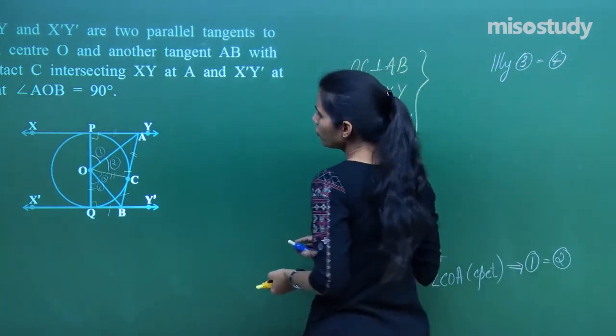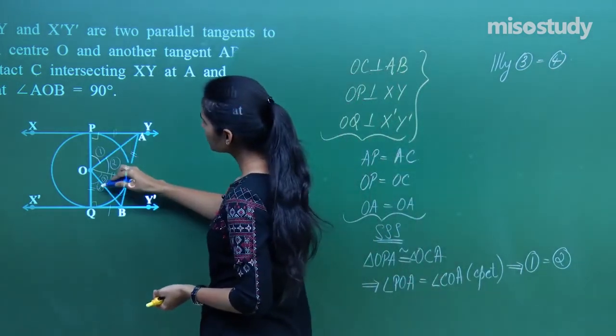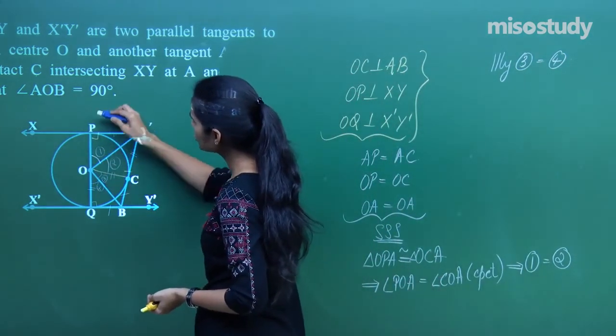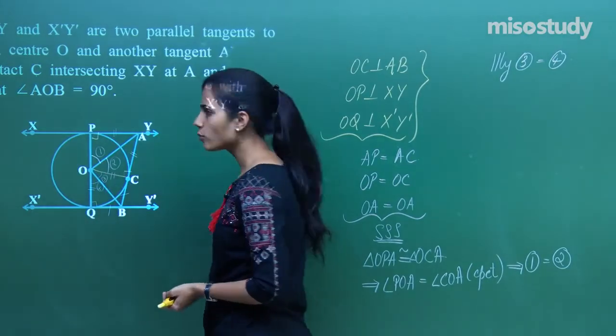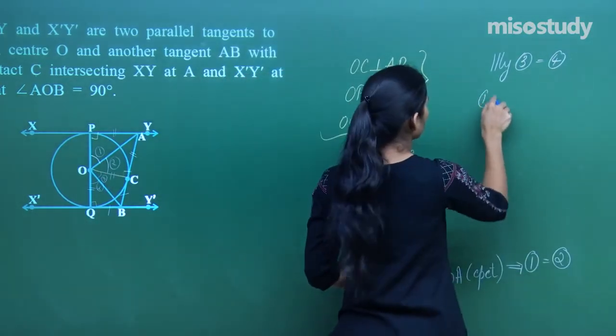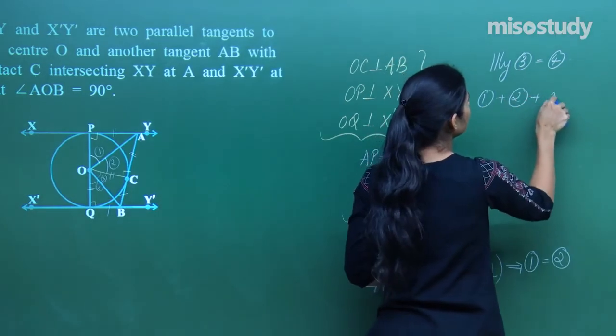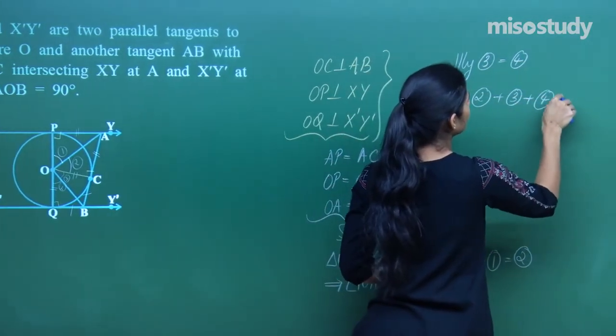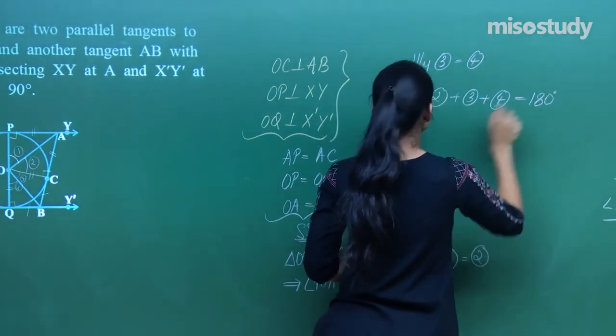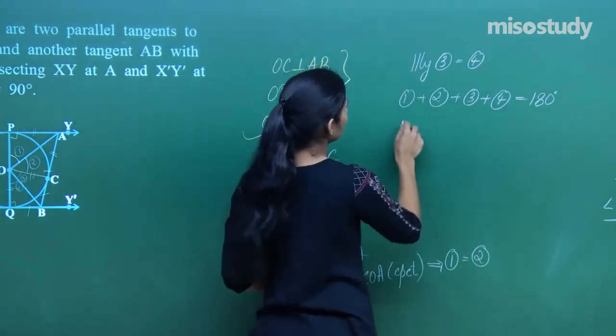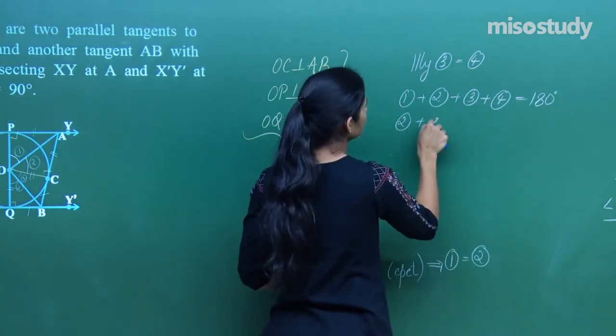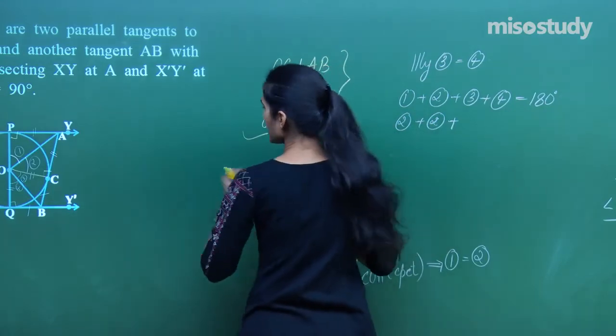Fine. Now, you all know that if I add 1 plus 2 plus 3 plus 4, I get angle on a straight line PQ. So, it is of measure 180 degrees. So, I have 1 plus 2 plus 3 plus 4 is 180, right, but 2 is same as 1. So, I write 2 plus 2 and 3 is same as 4.